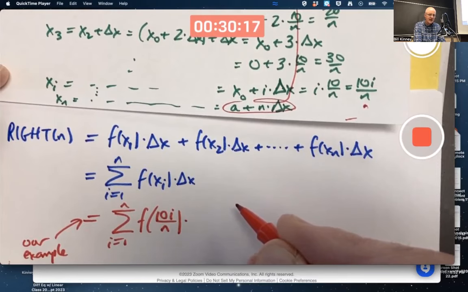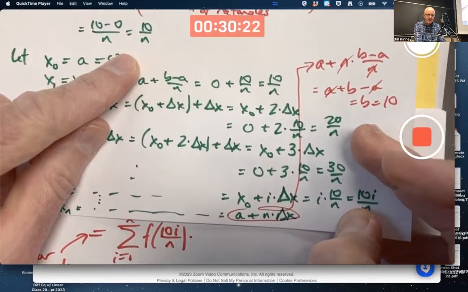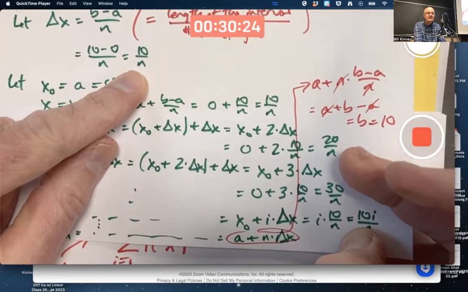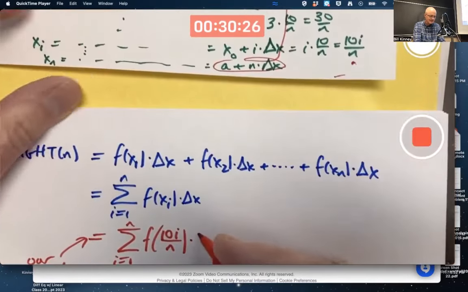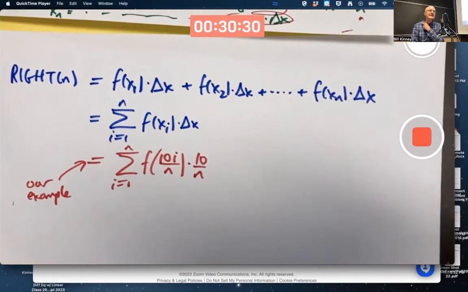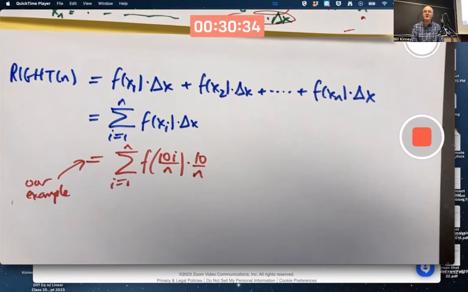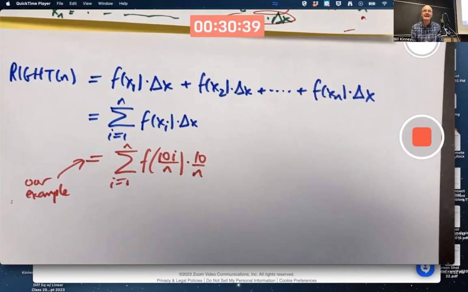It's b minus a over n, which we found to be 10 over n, right there. There's delta x. Is it possible to simplify this for our particular function f of x equals 2x plus 1? Yes, it is. This is the hardest part right now.